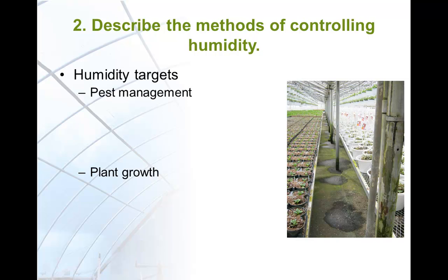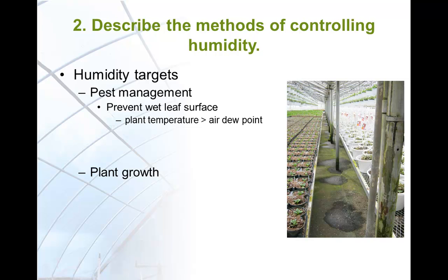We have discussed the importance of humidity management related to disease control and plant growth in a greenhouse environment. We're going to continue on to discuss what humidity targets are best for pest management and for plant growth purposes. For pest management, first thing we want to do is try to keep leaf surface dry.